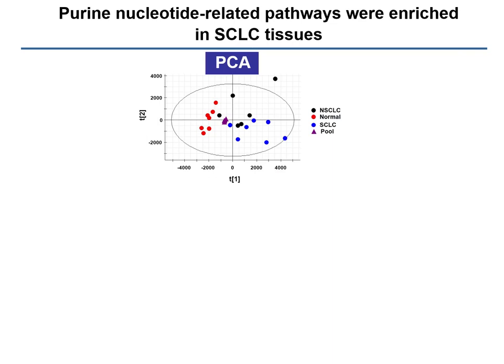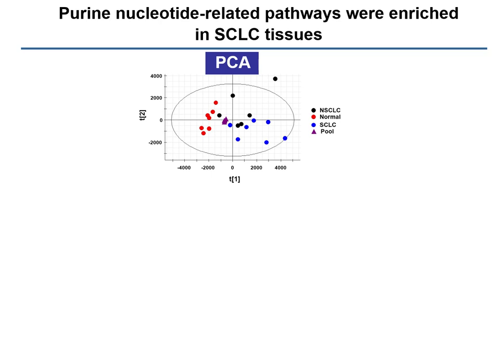So we also performed metabolomic studies in the same set of human tissues. Here is the tissue metabolomic study result. The principal components analysis also indicated distinct separation and clustering of the 3 groups: normal, non-small cell lung cancer, and small cell lung cancer.